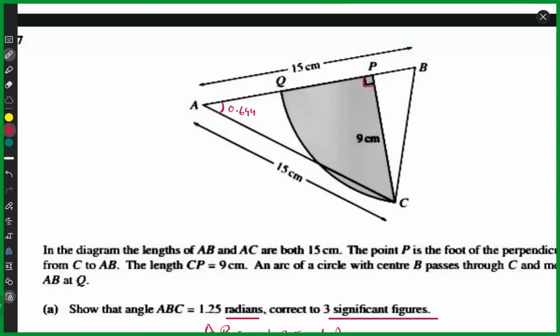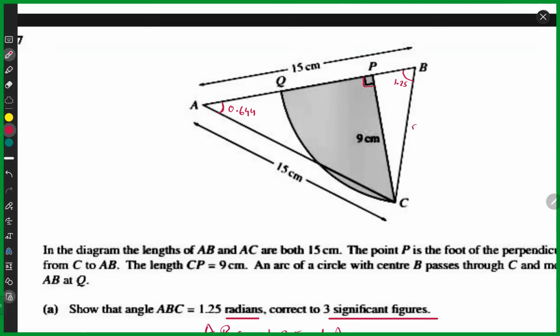First of all, let's observe that BQC is basically a sector. I got this angle. This was 1.25. Now what I can do is use this angle and find the radius to find out the area of the entire sector.